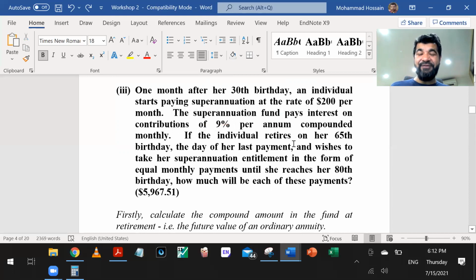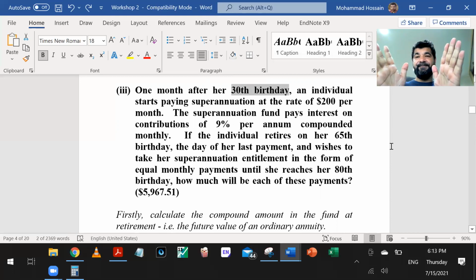So try to understand it. On her 30th birthday, she starts to make the payment. Every month, she's paying $200. But she's saving the money in a super fund. And what's going on? The super fund pays her 9% interest rate. How long is she paying for?